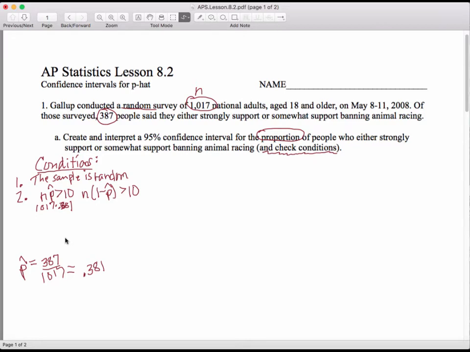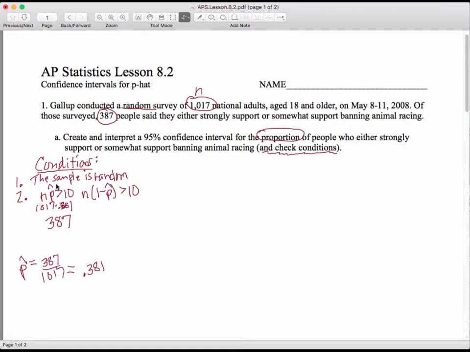Well, if you would just stop doing the things that you know you're supposed to do and just think a little bit. If you take 1,017 times the proportion of people that say they strongly support, you are going to get 387, which should sound familiar. 387 is just the whole number of people that said they would strongly support or somewhat support.